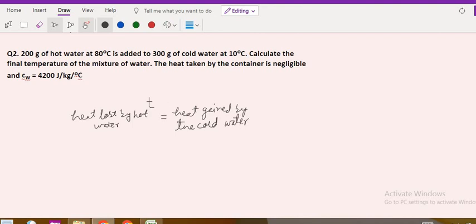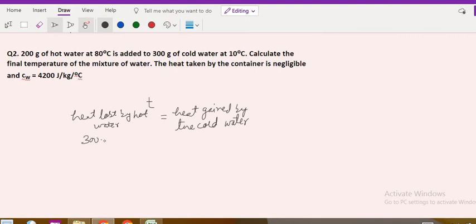The formula would be the same for both the cases, that Q is equal to M into C into delta T. If I take the hot water, the mass of hot water given to me is 200 gram. I am keeping it in gram only, because I have to equate, and there will be cancelling even if I convert that into kilograms.